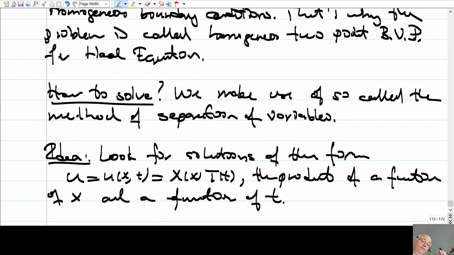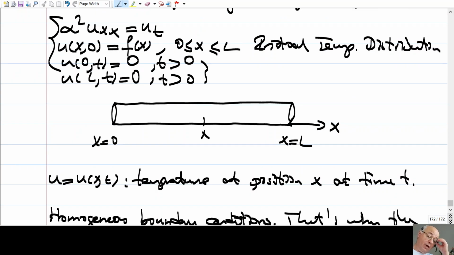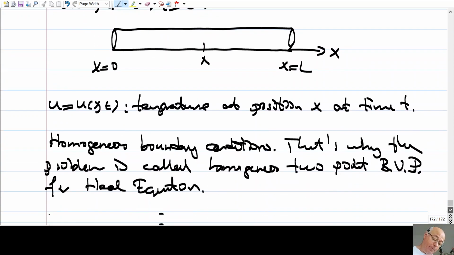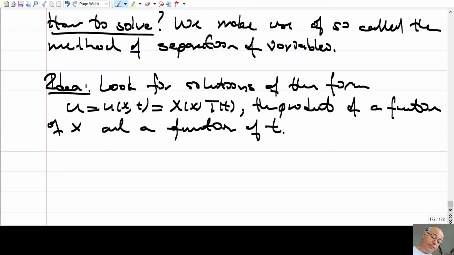Okay, so for this equation, I look for solutions of this type. Okay, let's see what happens. Well, I will take this and plug into the equation.